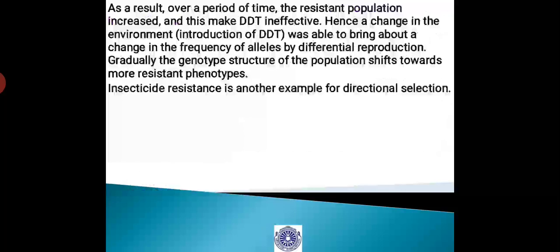Hence, a change in the environment, that is the introduction of DDT, was able to bring about a change in the frequency of alleles by differential reproduction. And gradually the genotype structure of the population shifts towards more resistant phenotypes. And insecticide resistance is another good example for natural selection or directional selection.